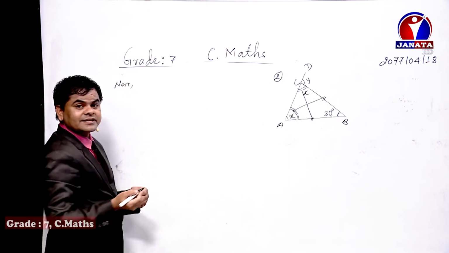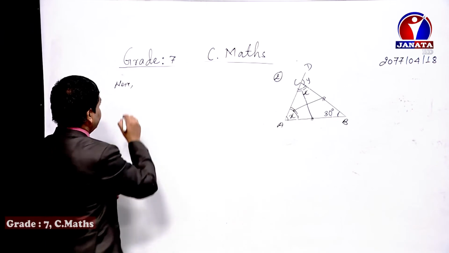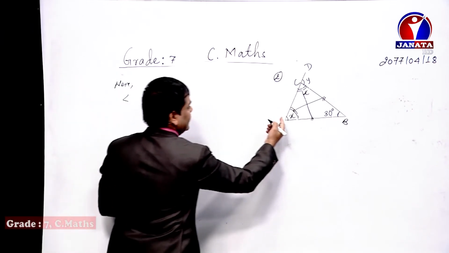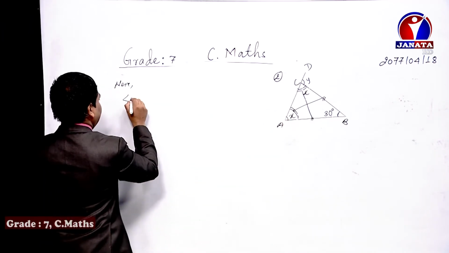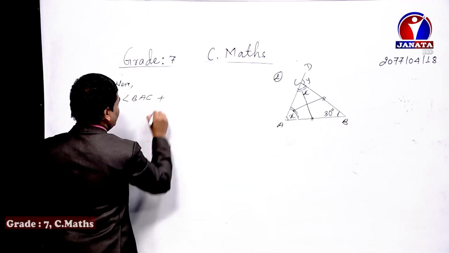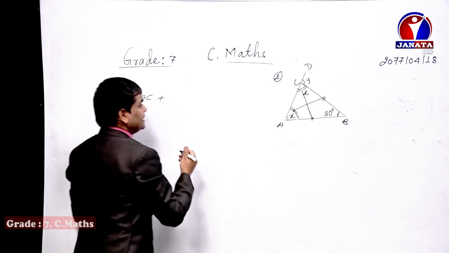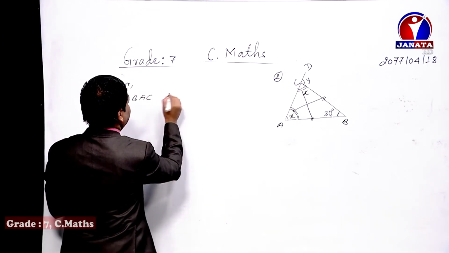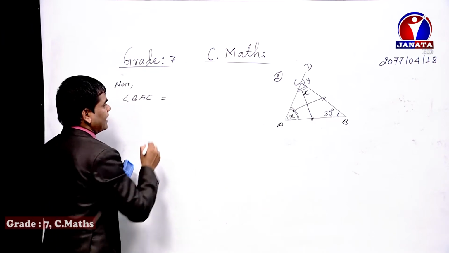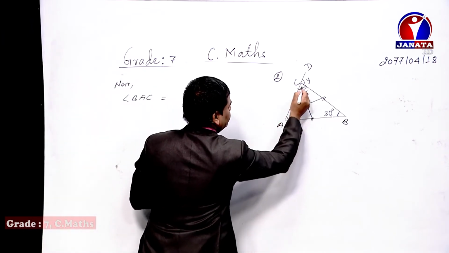In triple letter form, if we write the angle, what is the name of this angle? BAC. First of all, let's clarify which two base angles are equal to each other. Angle BAC equals angle ACB.